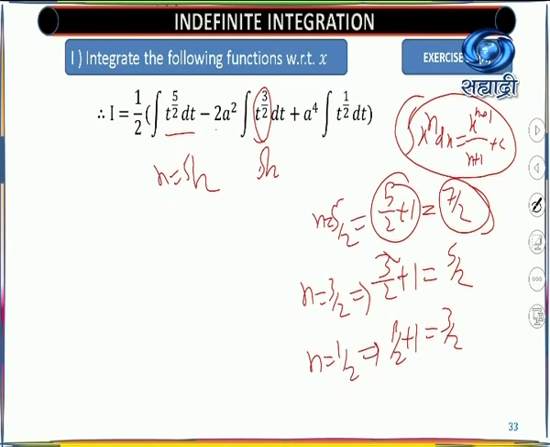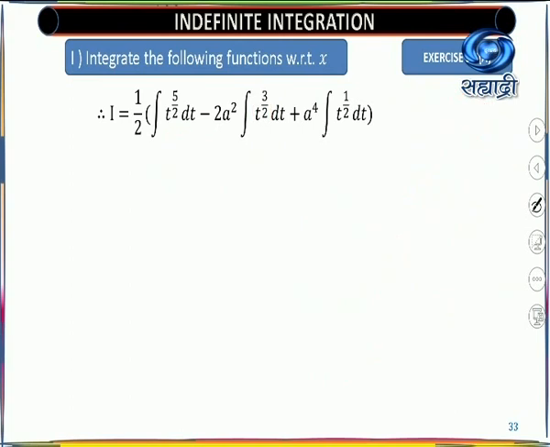That is 3 by 2. Okay, so this value you got here. So we'll write directly the powers of every integral. So you will get this as half t raised to 7 by 2 upon 7 by 2 minus 2a square t raised to 5 by 2 upon 5 by 2 plus a raised to 4 t raised to 3 by 2 upon 3 by 2 plus constant of integration.